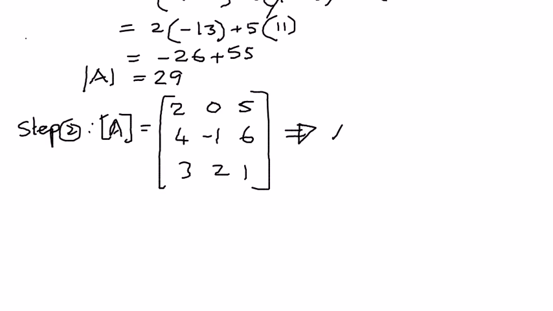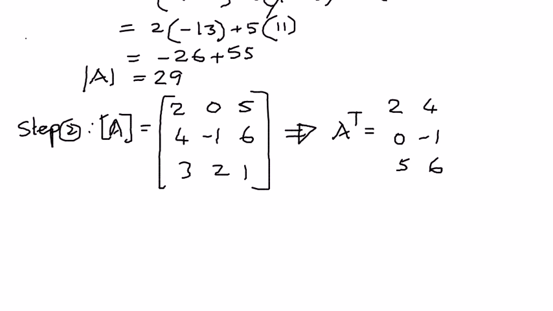To write the transpose of this matrix, we said we're going to transpose the rows into columns. So we take the first row and transpose it as a column in this transpose matrix. 2, 0, 5 is the row, and that becomes the column 2, 0, 5, and then we do the same thing for the rest of the rows. 4, negative 1, 6 is the row, that comes down and transforms to a column 4, negative 1, 6.